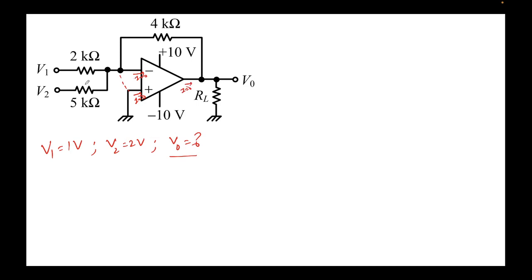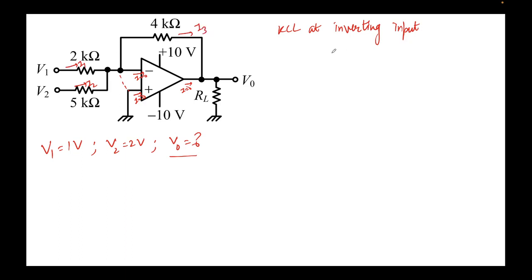Let's write KCL at this node, the inverting input. I'll assume this current is I1, this current is I2, and this current is I3.